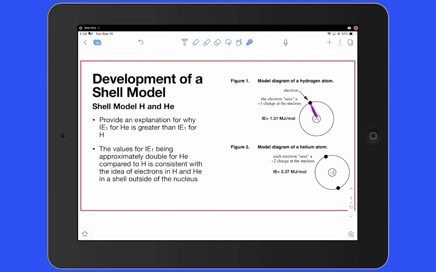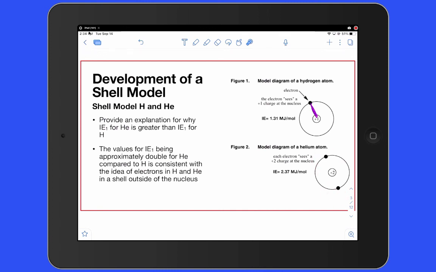Even though there are two different electrons, if you remove either one, it wouldn't matter. They would require the same amount of energy, because the distance between them and the nucleus is the same. The charge of the nucleus is the same for those two electrons.